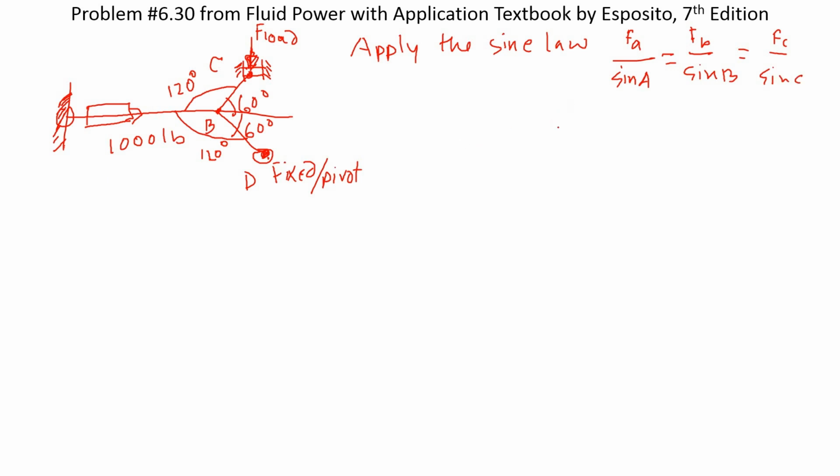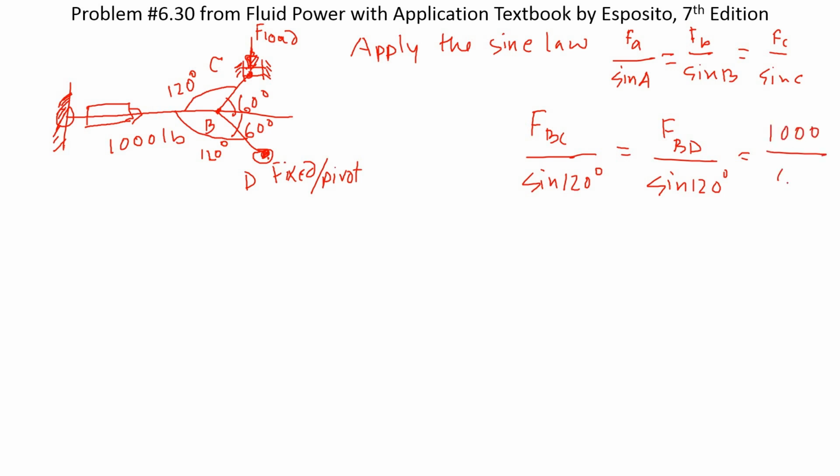If you apply that, we can write F_BC divided by sine 120, in this case all of them are 120 degrees, and then F_BD, which is again divided by sine 120, they're all 120 degrees, which makes your job really easy, equals 1,000 pounds divided by sine 120.